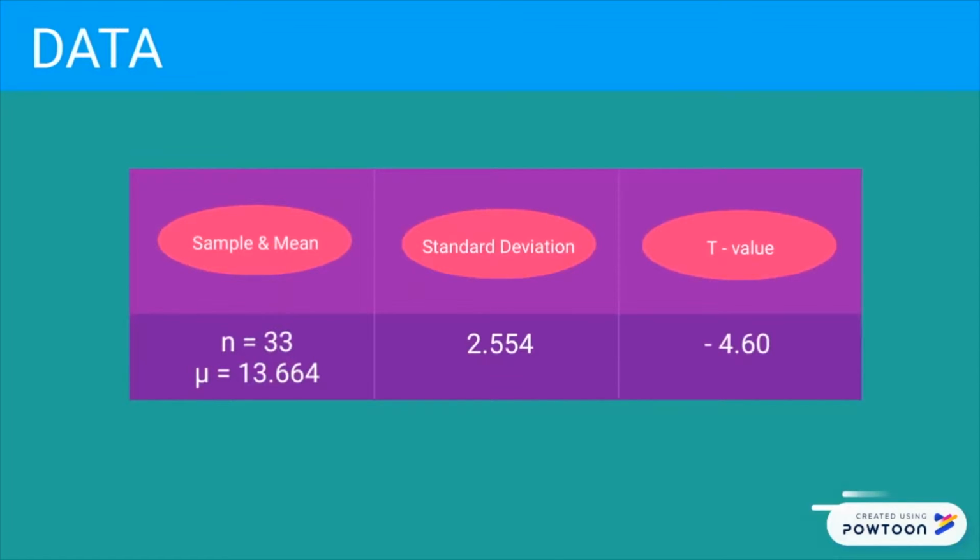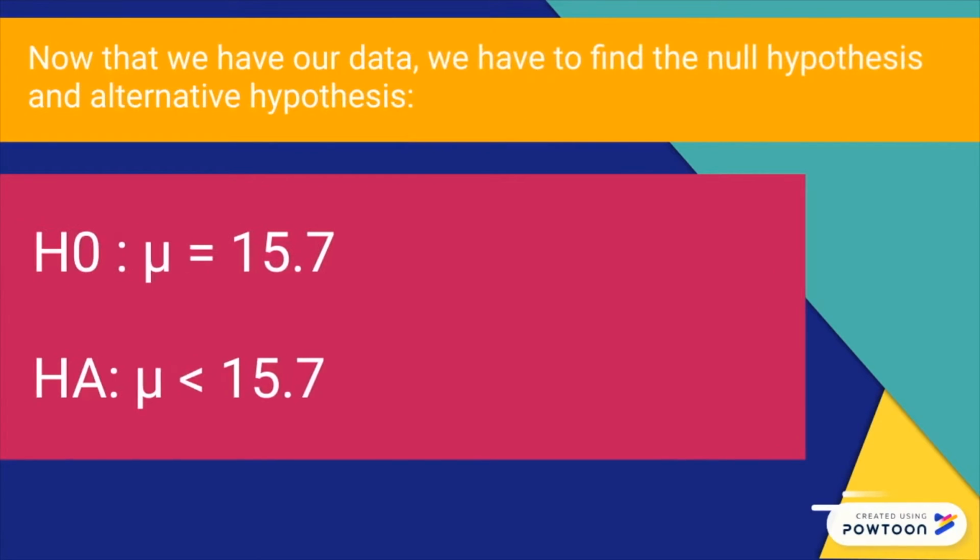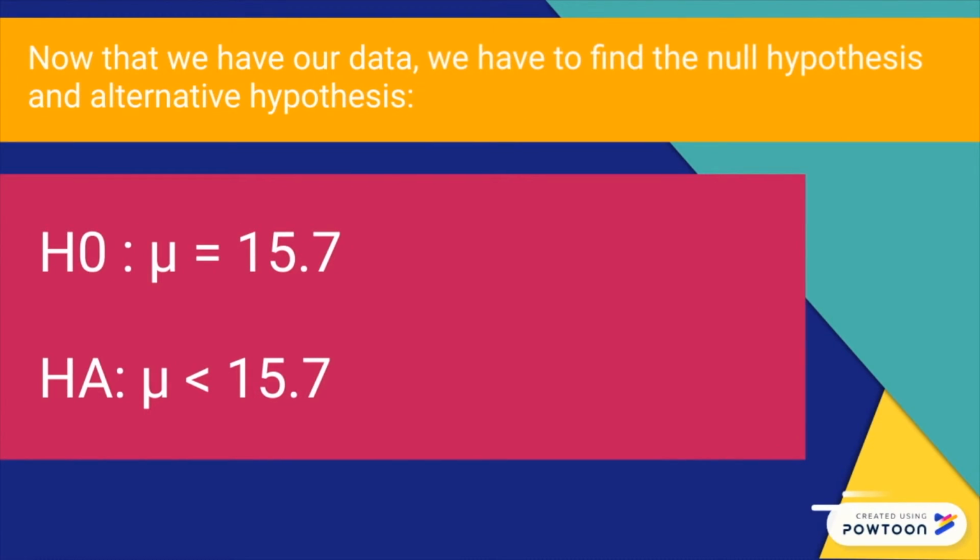The data of this problem will be sample n equals 33, mean equals 13.664, standard deviation of 2.554, and the t-value of minus 4.60. Now that we have our data, we have to find the null hypothesis and alternative hypothesis.